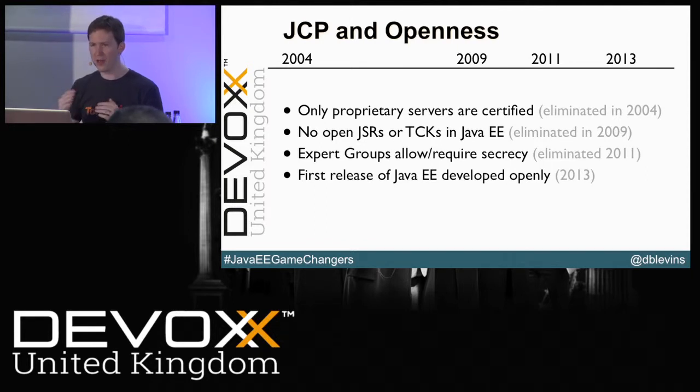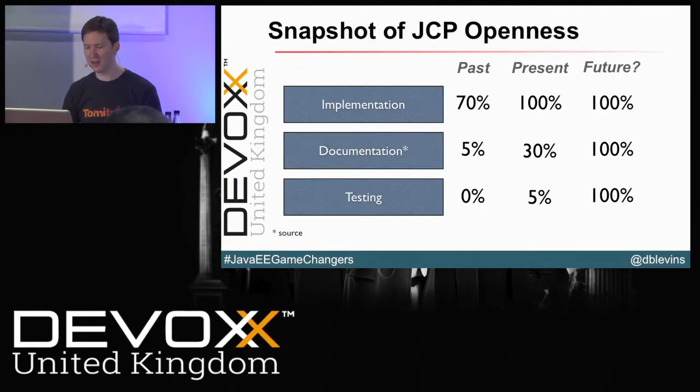So as of 2011, all the smoke-filled rooms are cleared, and we're all sitting in a glass room with glass walls, and in fact, now the door is open. You can actually enter the room, and you can actually get involved, and that's a very significant thing. So EE7, released in 2013, was the very first version of Java EE developed completely openly. It's a very interesting thing.